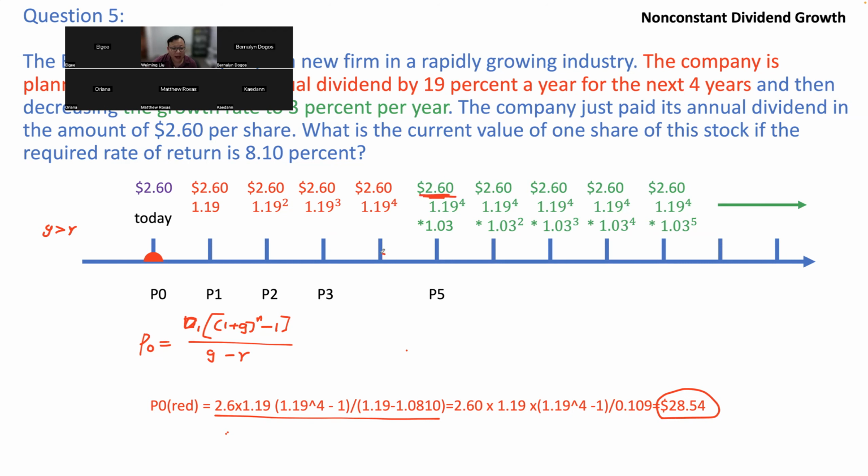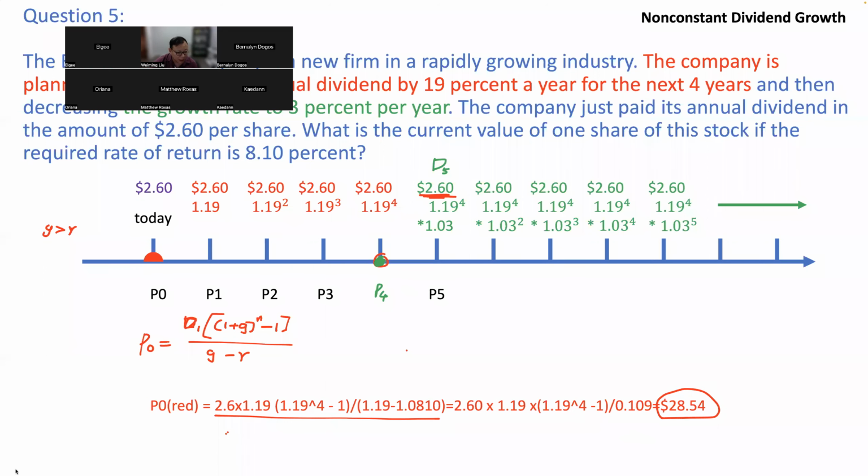So maybe it's a good idea to start by calculating the value at T4, because this stream's payment starts at D5. With D5, I can calculate at T4. That's the logic here.